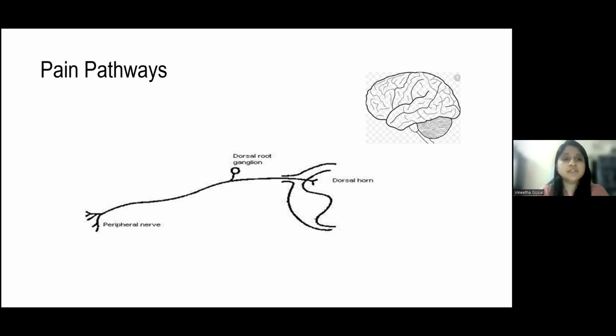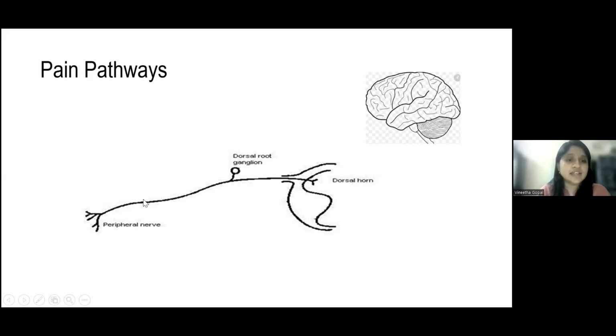So in simple terms, this is the pain pathway. It starts from the peripheral nerve. The free endings of this peripheral nerve are known as nociceptors. They carry the information, and the primary neurons, the cell bodies, are located in the dorsal root ganglion. These dorsal root ganglion neurons are pseudo-unipolar neurons, and their axons bifurcate into two.